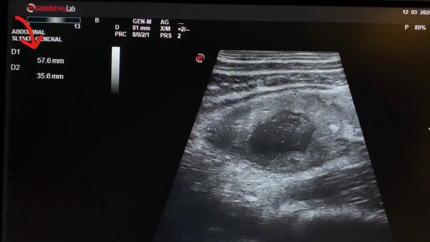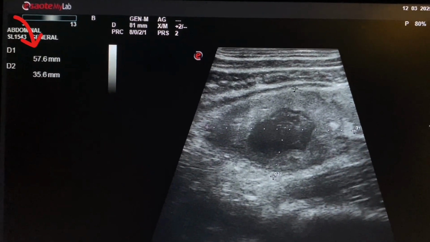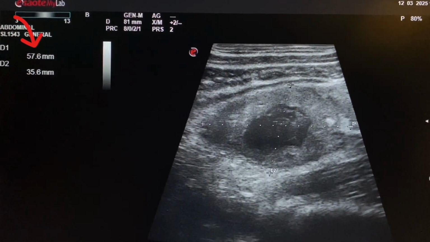The size of this mass is 57 by 35 millimeters.